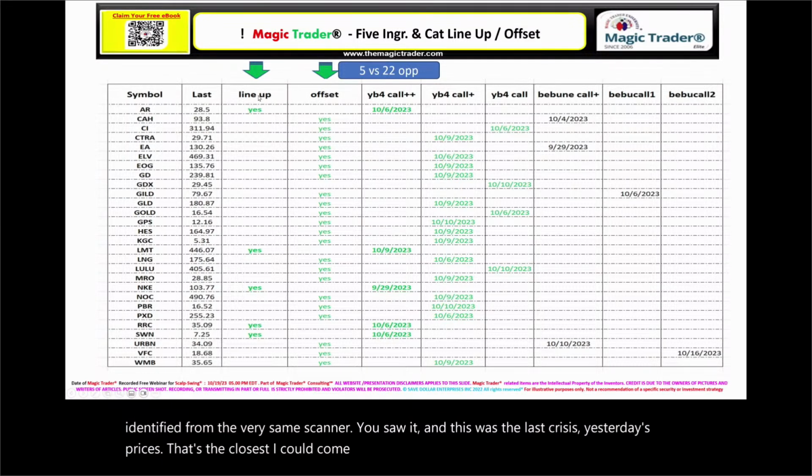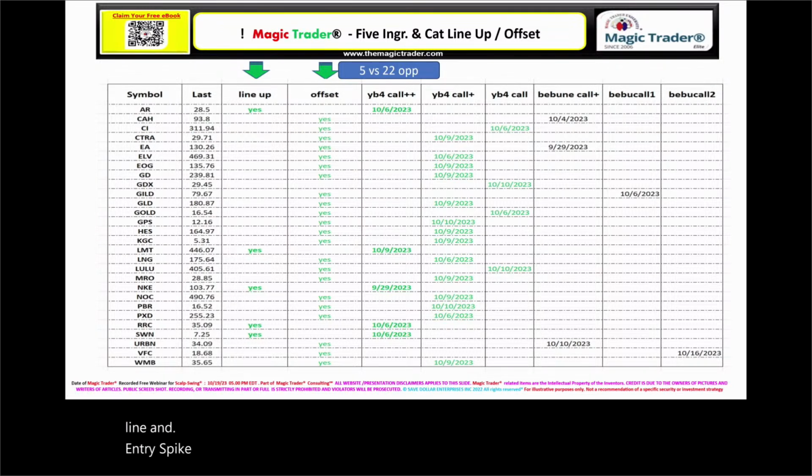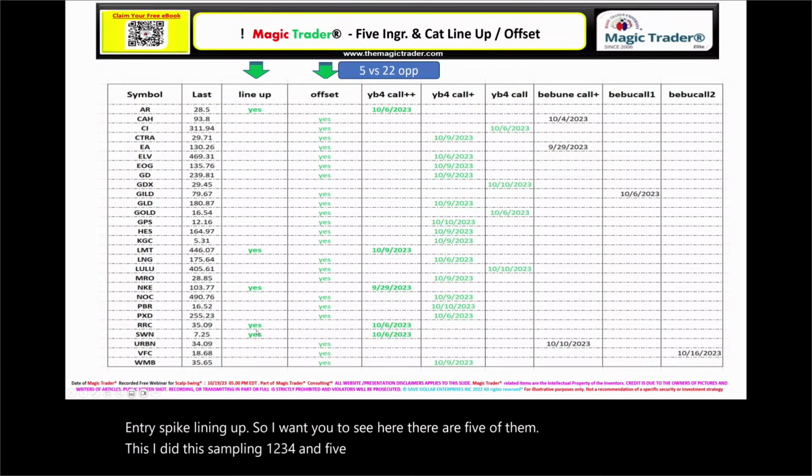Lineup, I told you, right? In this case, lineup is the direction line and entry spike lining up. I want you to see here, there are 5 of them. I did a sampling: 1, 2, 3, 4, and 5. So in the last few weeks, there were only 5 trades if I go with that lineup.